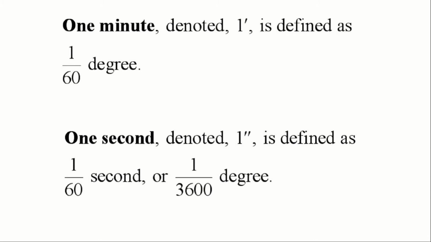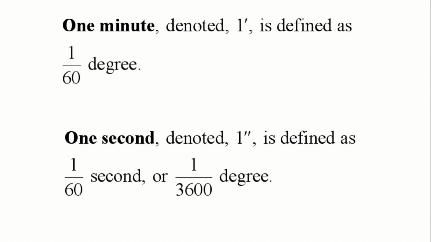1 minute is denoted as 1 dash and is defined as 1 by 60 degree. So 1 degree, we have to keep in mind, is equal to 1 by 360 revolution, where 1 minute is given as 1 dash. It is 1 by 60 degree. 1 second, denoted as 1 double dash, is defined as 1 by 60 minute or 1 by 3600 degree. These are the things we have to keep in mind for the problem solving part.